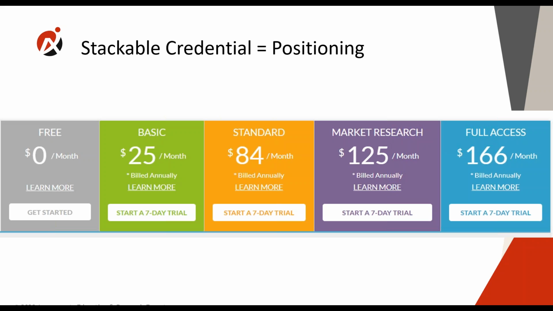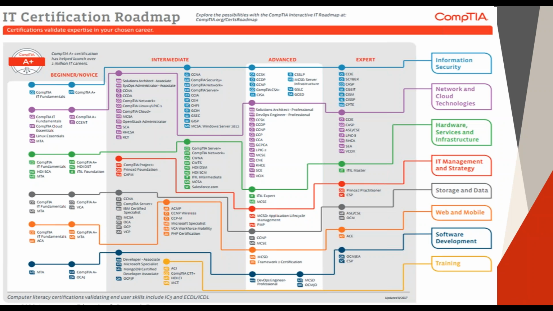There's also, when you're buying any sort of technology, I think this was for a survey system like SurveyMonkey or one of those systems, you could do it for free. You could do it at basic, standard, market research, full access, and you get more and more features. So it's another way to conceptualize positioning within products. And again, a credential is a product. I think a lot of times we tend to forget that.